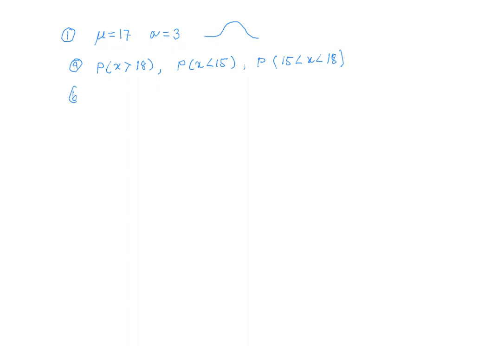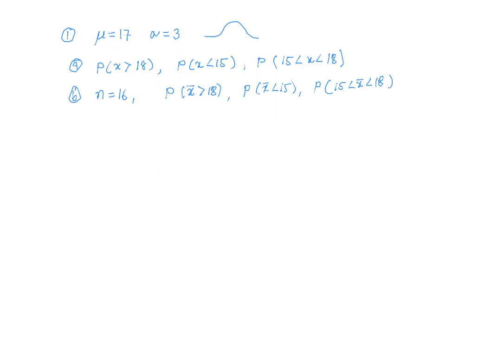Part B, if n is equal to 16, it's still simple. Do the exact same thing. Find the probability that x bar is greater than 18, the probability that x bar is less than 15, and the probability that 15 is less than x bar is less than 18. Okay, that's number one.